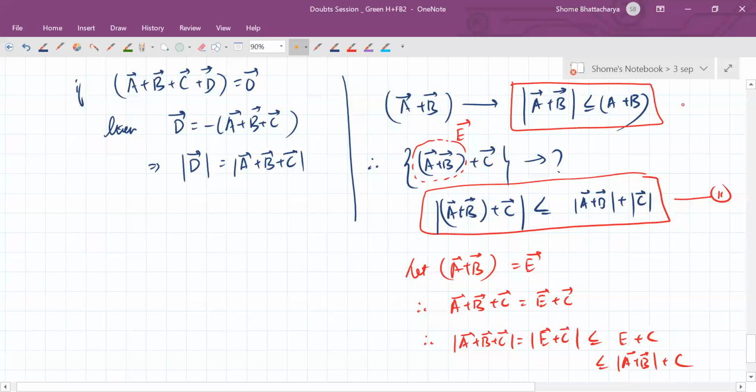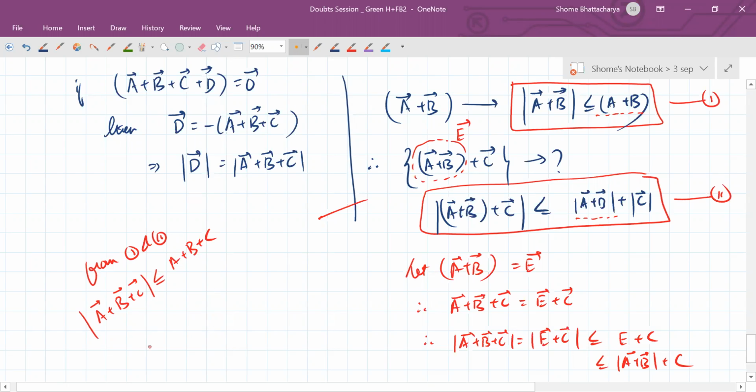Now connect these two. Okay. So it's saying this thing is less than equal to the sum of this and this, and in this itself has a maximum value of this. So when will the left hand side be maximum? When in the right hand side this is maximum. So the maximum of this is A plus B. So connecting these two statements, we can say that A plus B plus C has to be less than the sum of their magnitudes.